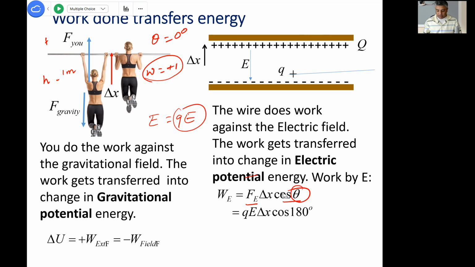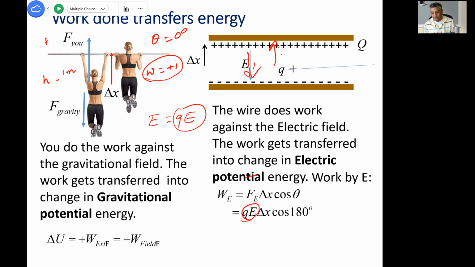So it becomes QE. We just use the definition at this point. When we actually plug in the value of the charge, then we plug it in with the correct sign, not in the definition of force. If you double count that, then there's going to be a sign mistake. So in this case, what's happening here? The field is in that direction, which means the force is also in that direction. We know the force is down and the displacement is up.